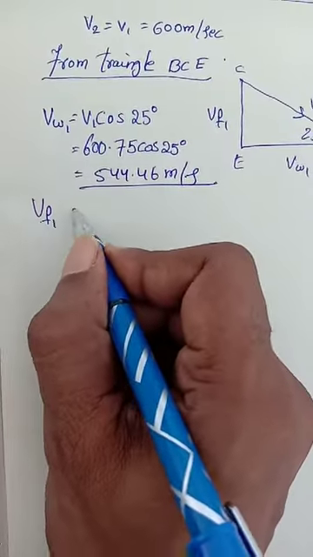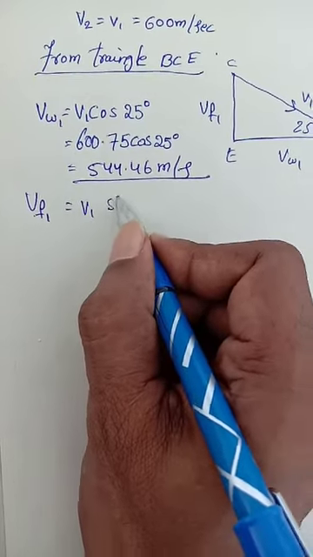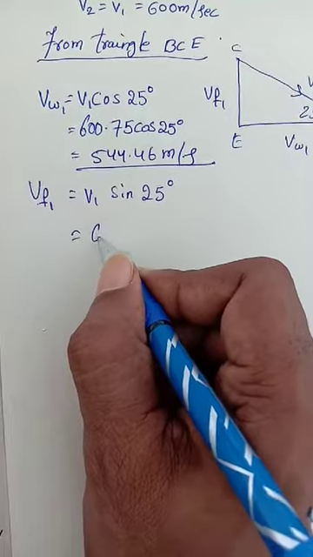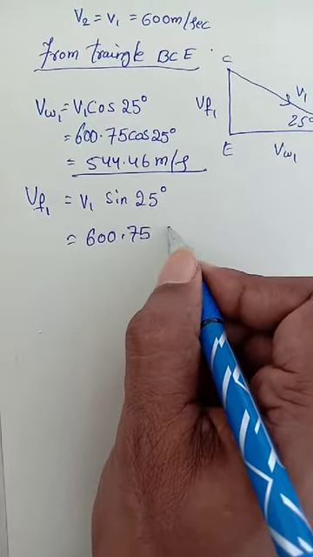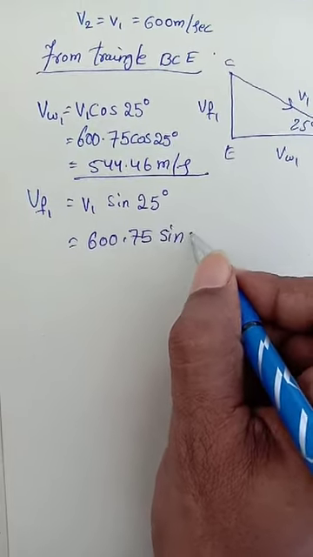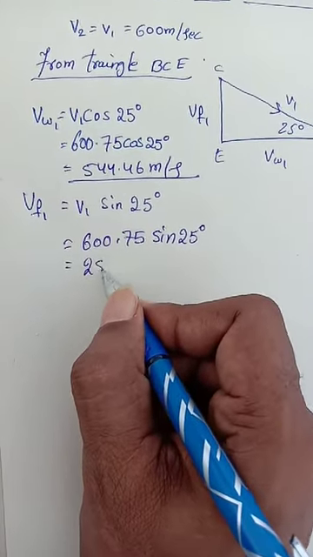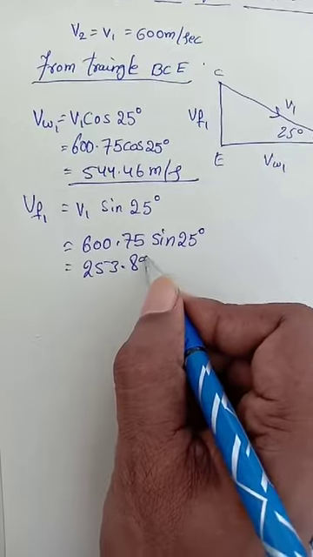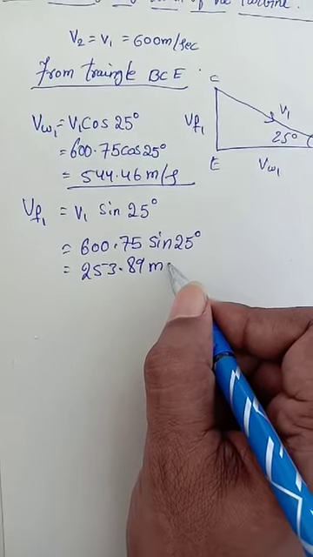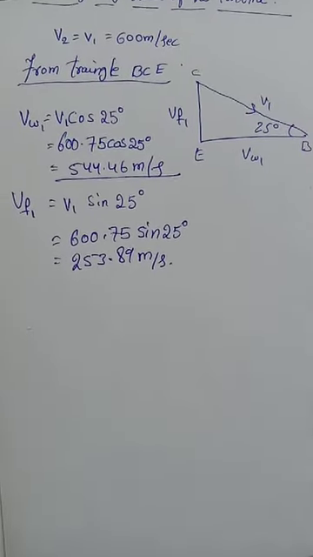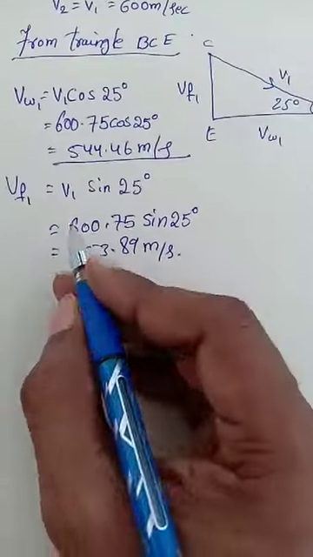And we go for VF1 is equal to V1 sin 25 degrees. Now here we are going to find sin 25 degrees. Solve this, we'll get the answer here, 253.89 meter per seconds.